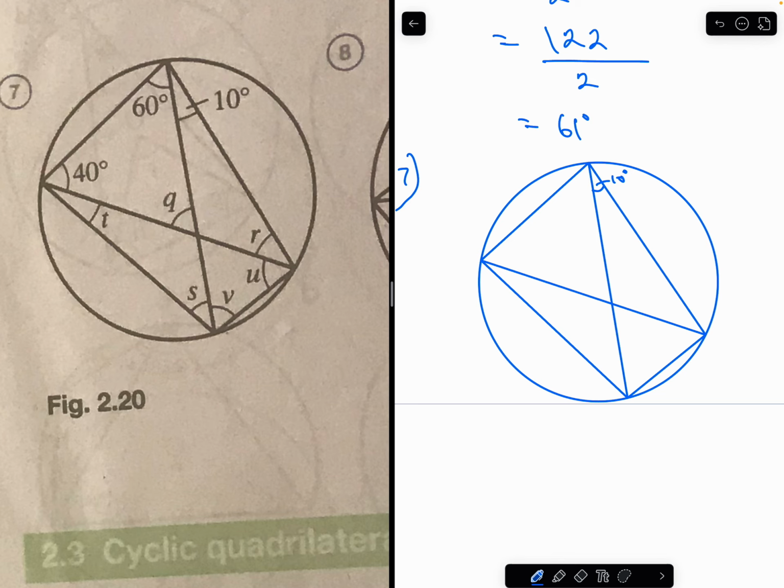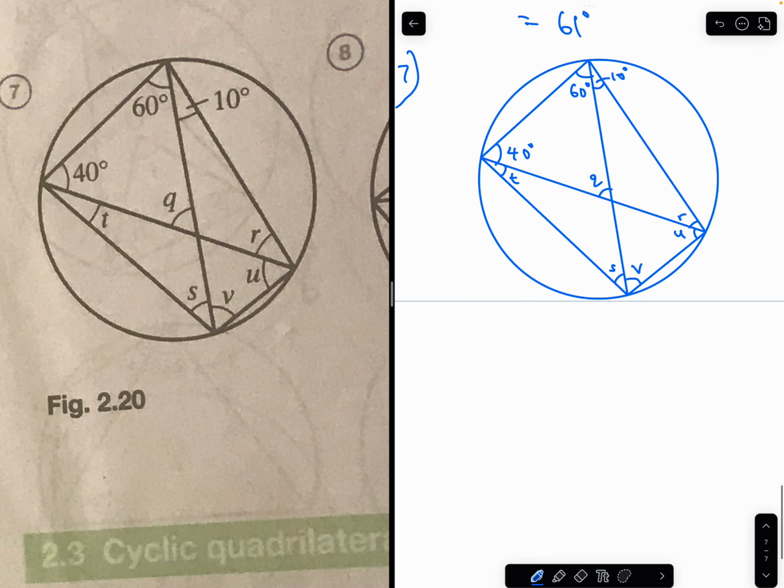This is R. This is U. This is V. This is S. And this is T. This is Q. This is 40 degrees. This is 60 degrees. And that's all. So we want to find the sizes of all of the lettered angles.